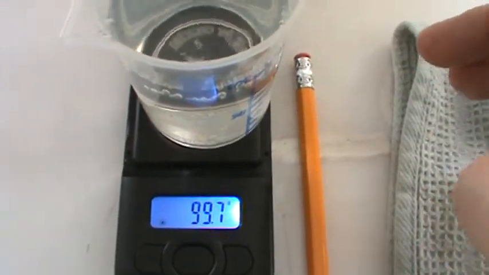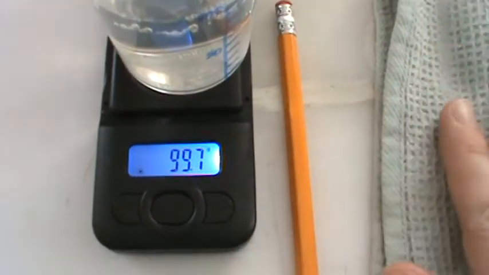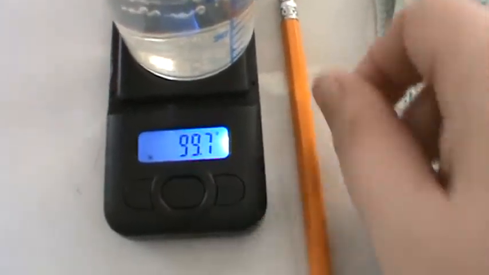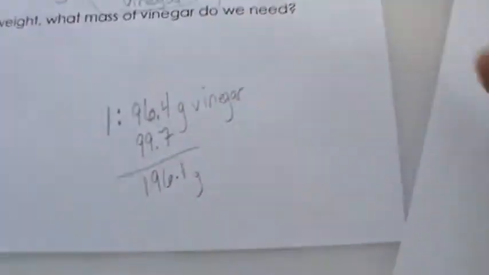Oh, 99.7. That's really close. We're going to call that good. We're going to round that with sig figs to exactly where I need to be. 99.7. If I put that together, I end up with 196.1. All right, that's pretty close. Close enough that we're not going to monkey around with it too much.